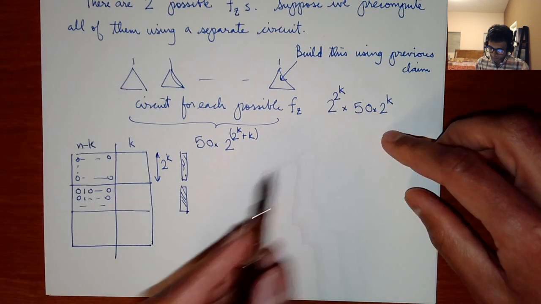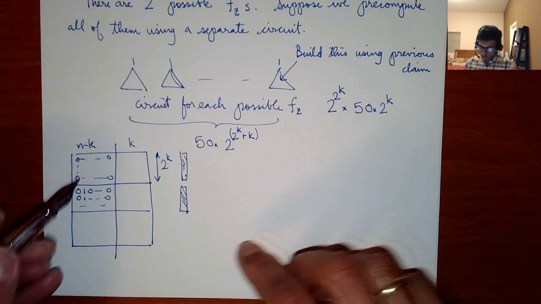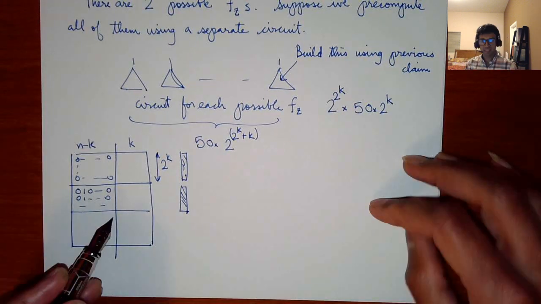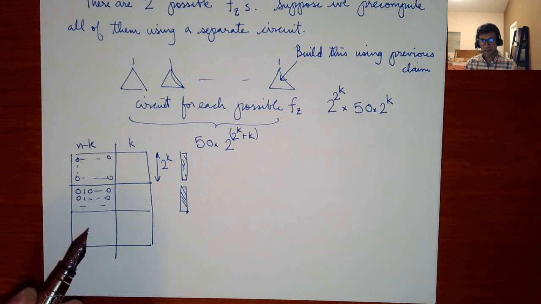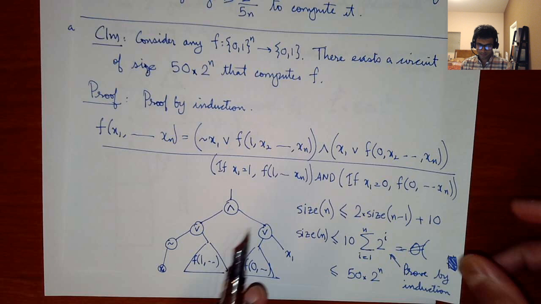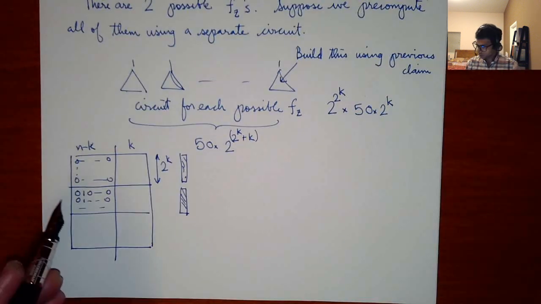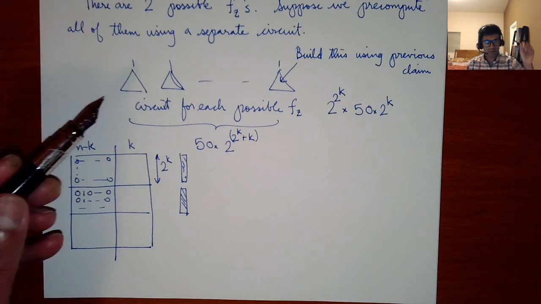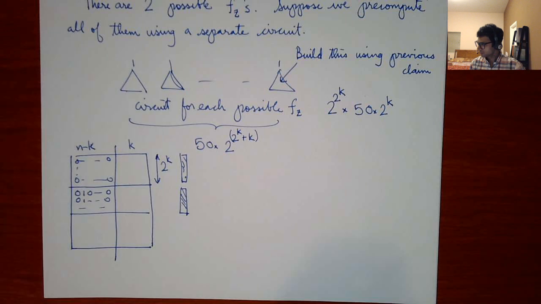So what this means is you only have to then apply the previous claim construction for n minus k bits, not for all the n bits. So here we were doing this for all the n bits. And over here we only do it for n minus k bits, after which we just go and link up with the right circuit. We can add an extra gate and then just connect to that. Like imagine adding a no-op gate and then just connecting to that output.